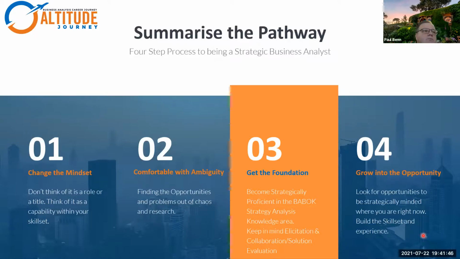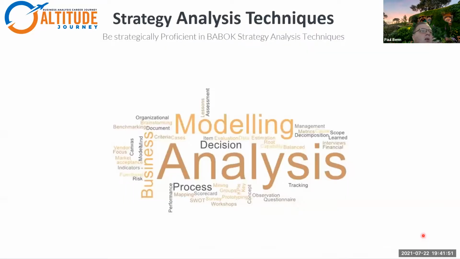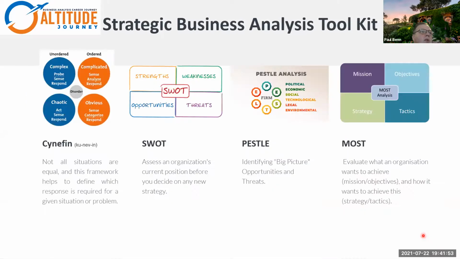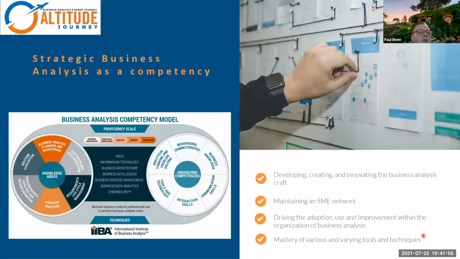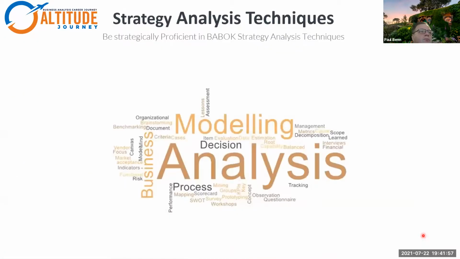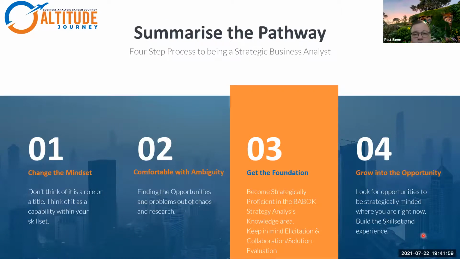The third thing is the foundation. And we talked about this through the competency model as well. So this is just having the underlying foundation. This is being able to use your craft strategically. And to use your craft strategically, you need to know it very well.